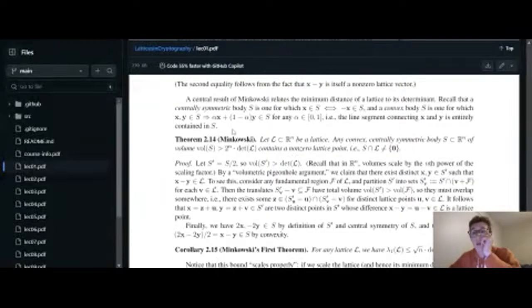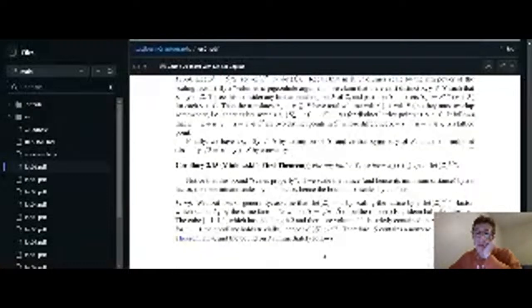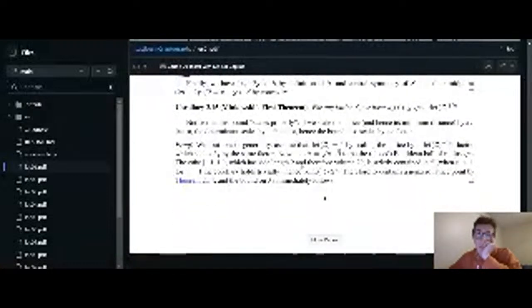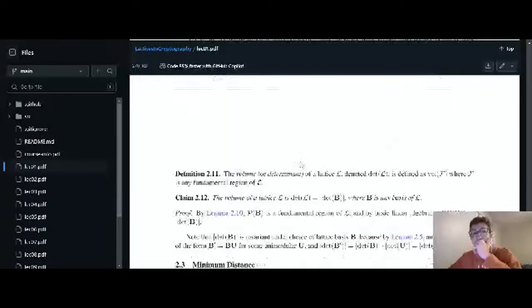I might just find the easy way to explain that because it's too much to think about. Although this does kind of make sense. Volumetric picture, this does kind of make sense. Hmm, interesting. Yeah, it could be hard.